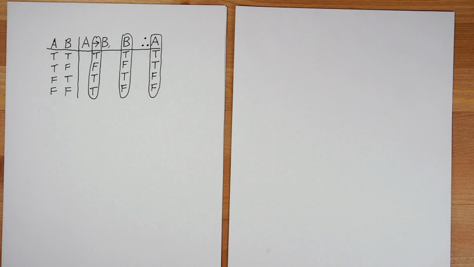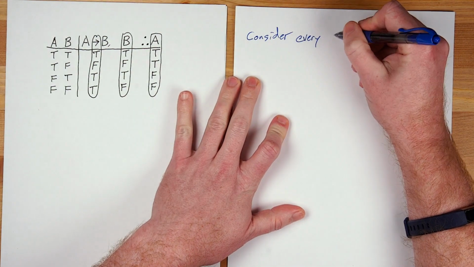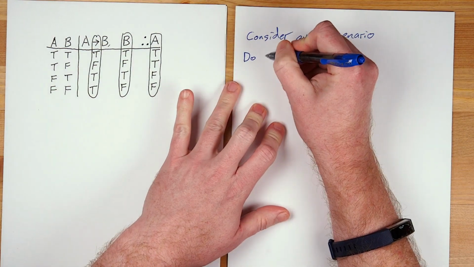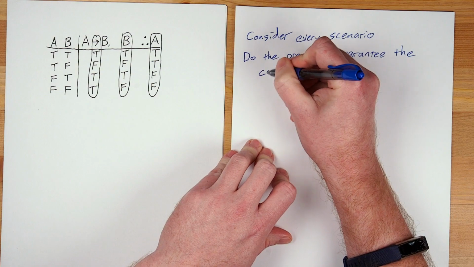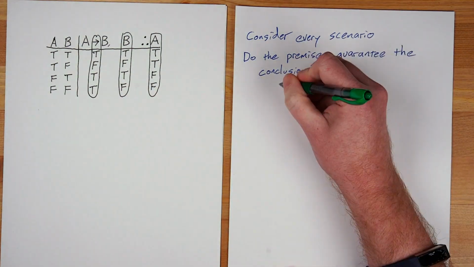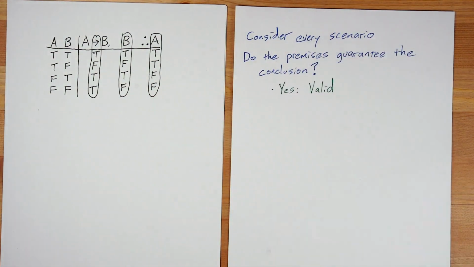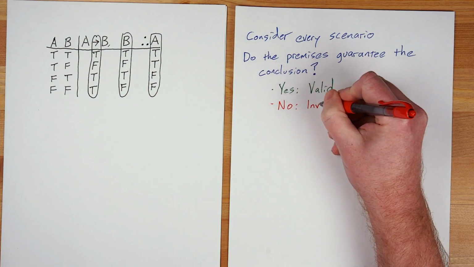Well, truth tables for arguments are very similar to the truth tables we've already seen for logical operators. The idea behind them is that you want to consider every possible scenario and see if your premises guarantee your conclusion. If they do guarantee it, the argument's valid. If they don't, the argument's invalid.